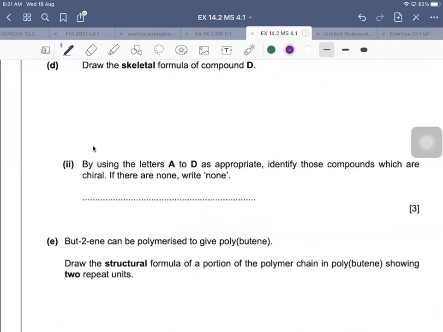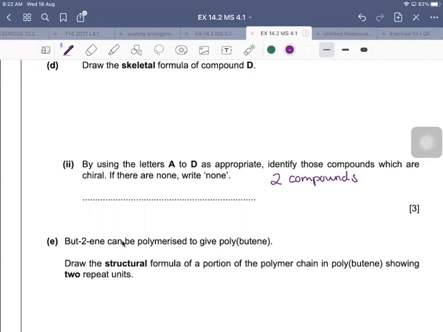just in case you need to revisit this class or this lesson. Okay, by using letters A to D as appropriate, identify those compounds which are chiral. If there are none, write none. Again, I can give you a hint that there are actually two molecules or two compounds with chiral centers.